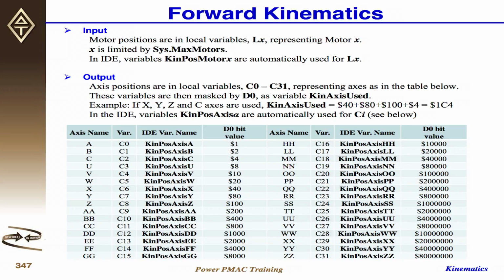more detail in this. For forward kinematics, it's not used only for the motion program when you actually have a trajectory, but you can also use it as a query. Like, I want to know what the axis position is right now. Then you have to run your forward kinematics one time, because it will calculate from the current motor position to give you the axis position, right?